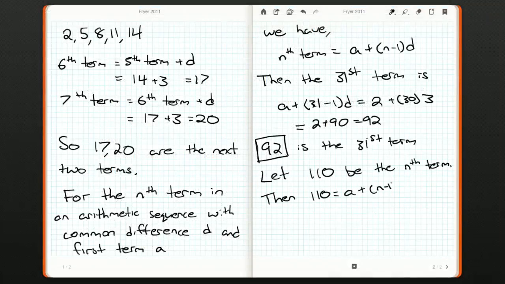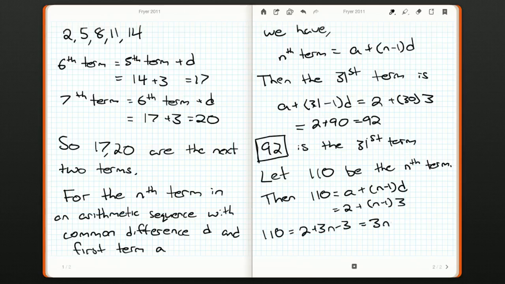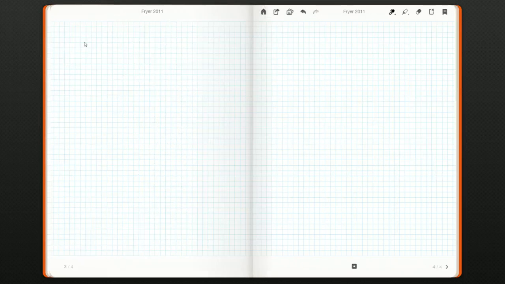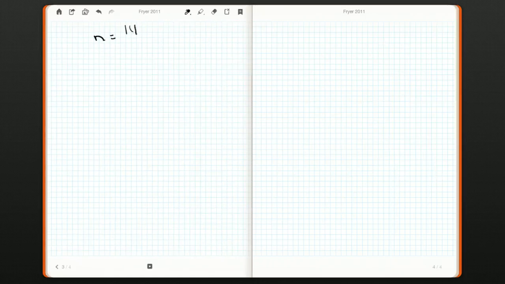So we can apply our little formula here. So we get 3n minus 1. So 3n is going to be 111. And that tells us that n is going to be 111 divided by 3.